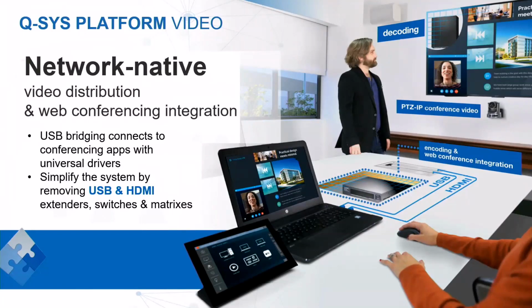When we get into larger, more complex systems, there's a huge benefit to encoding that onto the network, because it means we can have any number of inputs, any number of outputs, and send anything anywhere, which is great. Here under the table where this person is using their laptop, we have a video encoder. That's receiving HDMI and encoding that onto the network. Now we've got a display and there's a decoder there, decoding that off the network.